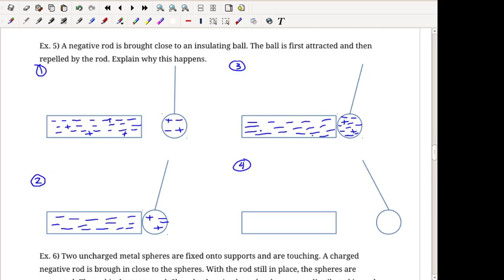So now the negative charges on the rod and the negative extra charges on the ball are going to repel each other. So there are technically fewer charges on the rod now. I know I'm not being very consistent with my negatives. And a whole bunch of negative charges on the ball. So the ball is repelled by the rod. Pretty cool, hey? Let's take a look at another example.